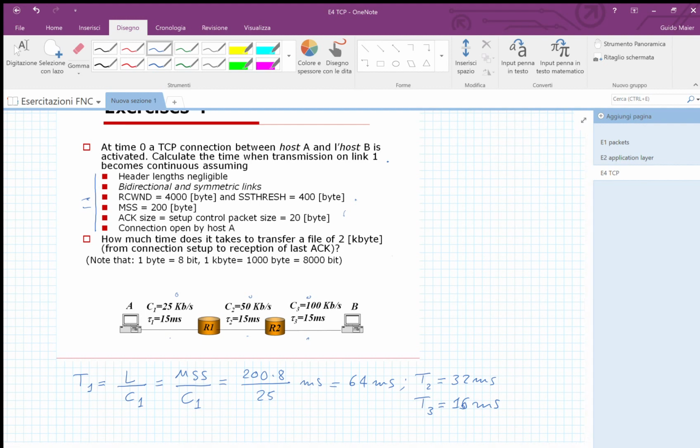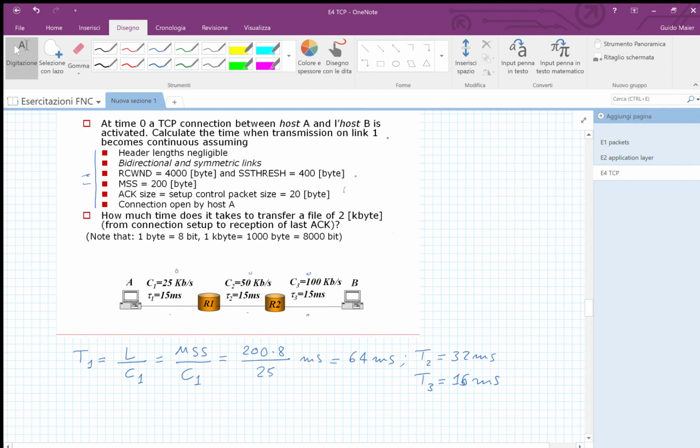So we can also calculate the round trip time. I don't draw the picture immediately, but you know it. It will be given by T1 plus T2 plus T3 plus 2 times tau 1 plus tau 2 plus tau 3. Okay.